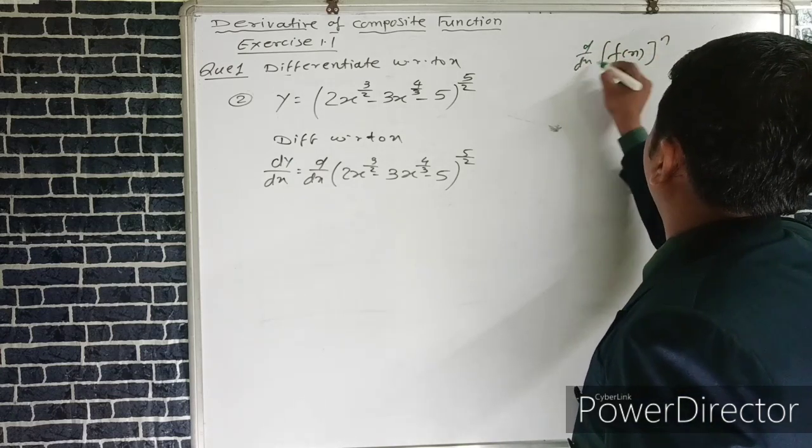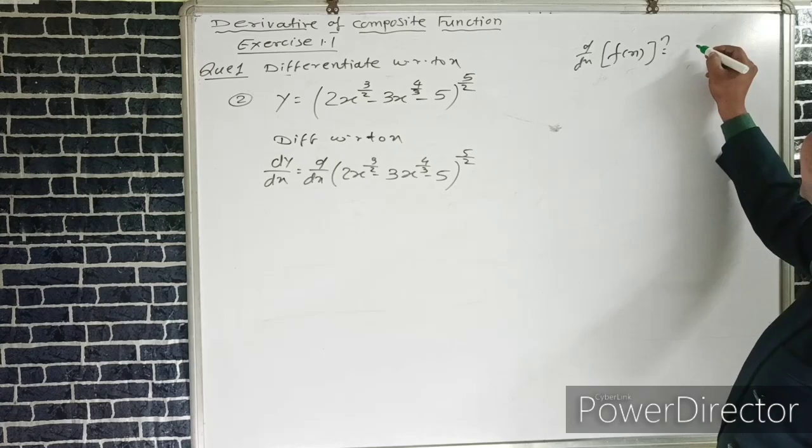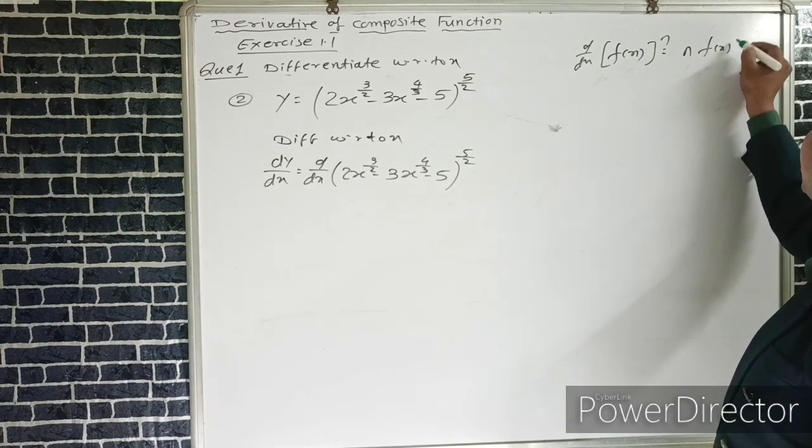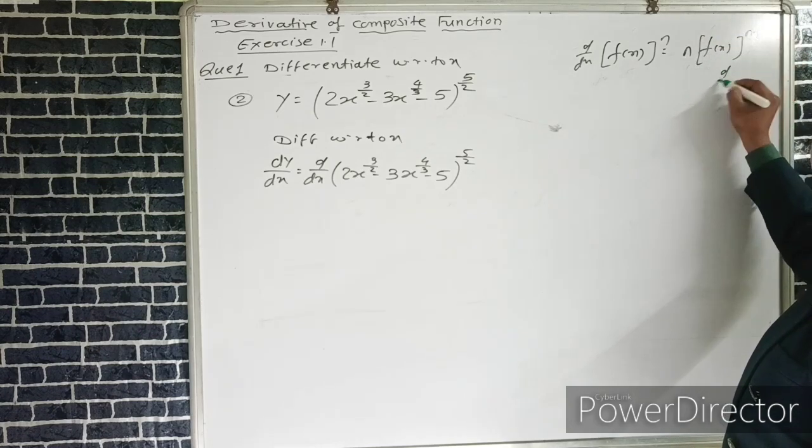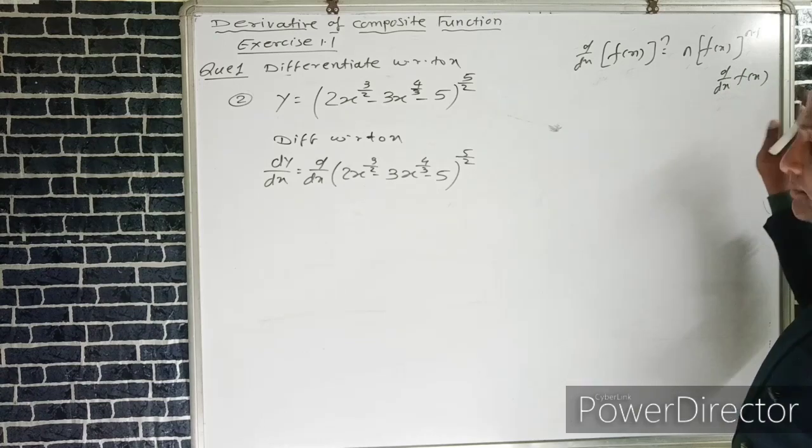And the derivative of f of x raised to the power n is n into f of x raised to the power n minus 1 into again the derivative of f of x.